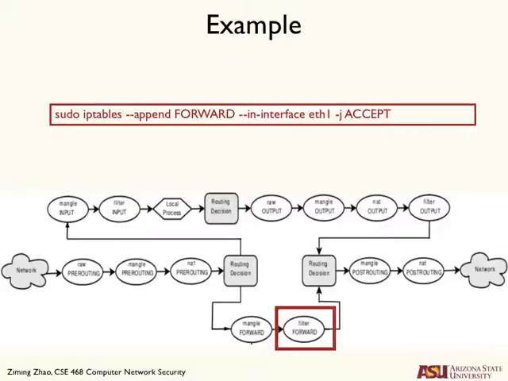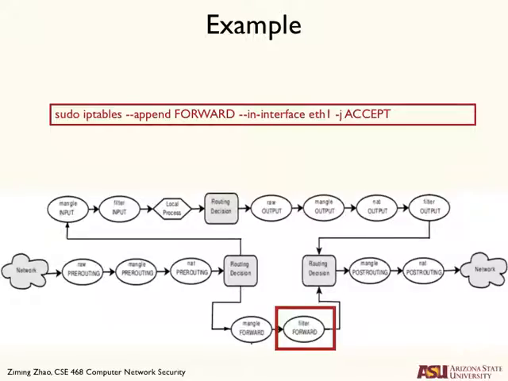Then what you did next is you append to the FORWARD chain, and you're not giving which table it is, and you are saying the input interface in this case is eth1, and the action is ACCEPT. So basically, you are adding this rule to the FORWARD chain and the filter table, because you're not specifying which table you want to use.